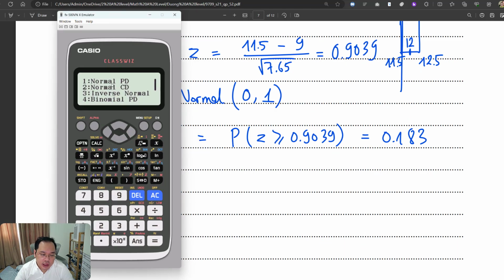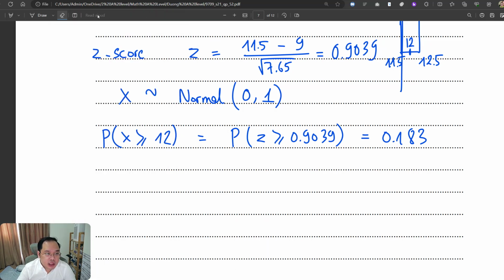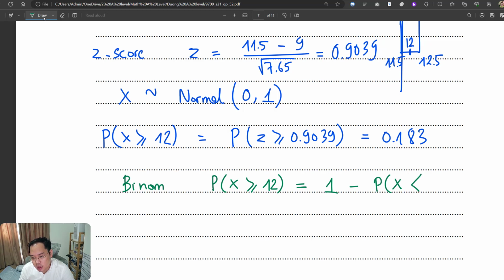For this calculator, I cannot calculate the probability of success from 12 to 60 directly, so I need to do it indirectly, using the binomial distribution. The probability of x greater than or equal to 12, meaning from 12 to 60, will be equal to 1, which is 100%, minus the probability of x smaller than or equal to 11. So I will calculate this one.